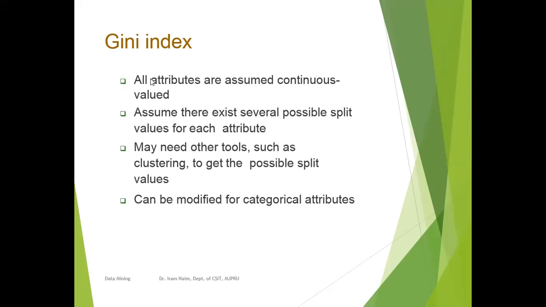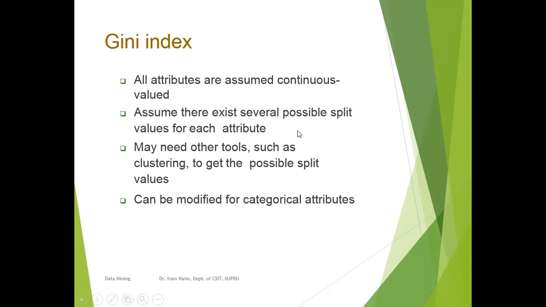In the Gini index, all attributes are assumed to be continuous valued. Continuous value means one value is linked with another value in a certain order, whereas discrete values depend upon proper intervals. It is assumed that there are several possible split values for each attribute.